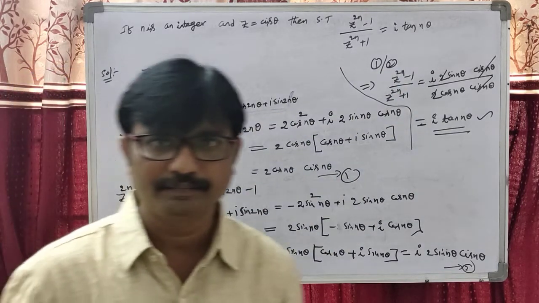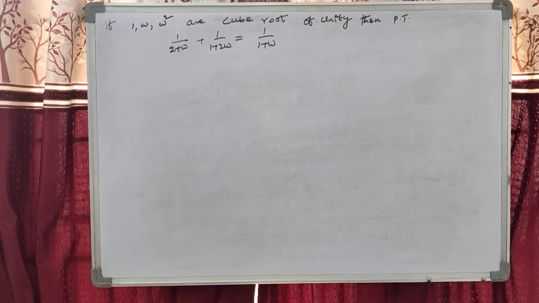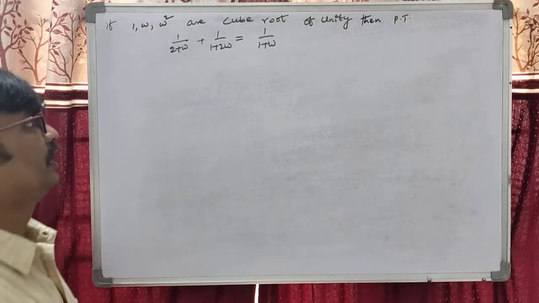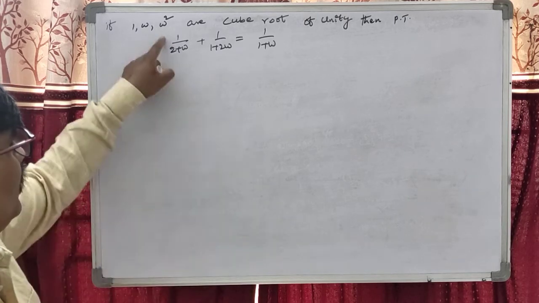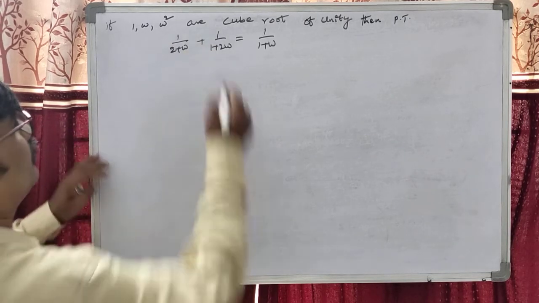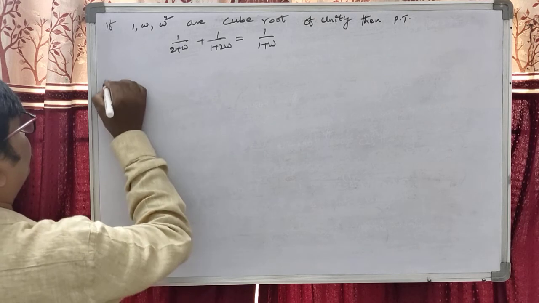Okay students. So, 1 comma omega comma omega square are the cube roots of unity. Then prove that 1 upon 2 plus omega plus 1 upon 1 plus 2 omega equals 1 by 1 plus omega.